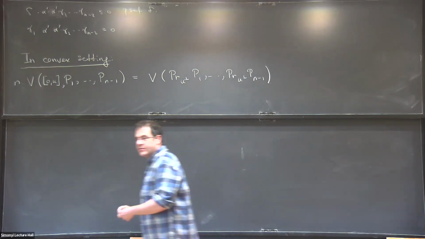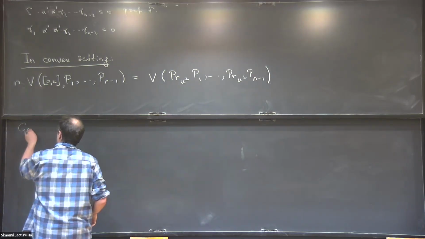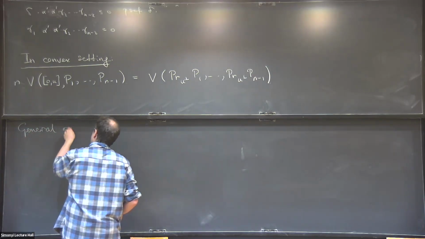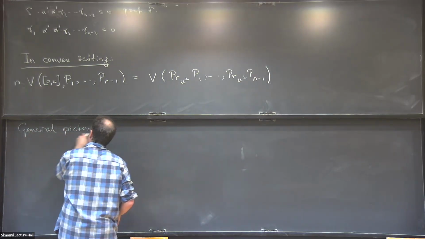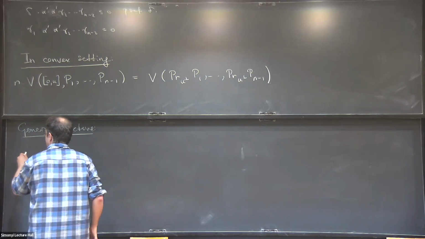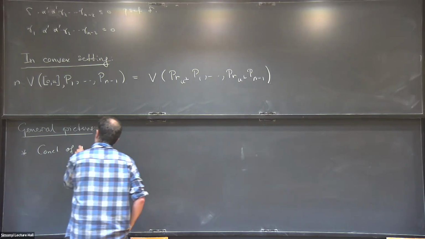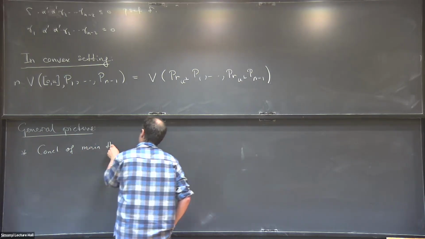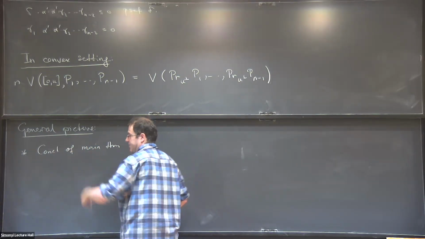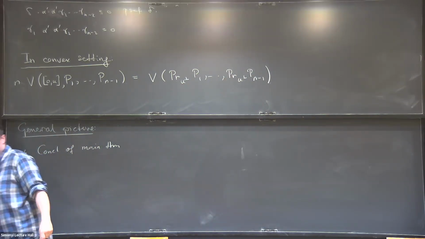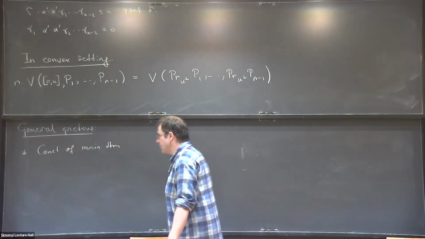So let me tell you the general picture. First of all, we need to know what is true. The conclusion of the main theorem in the case of big divisors doesn't actually require the divisors to be big.